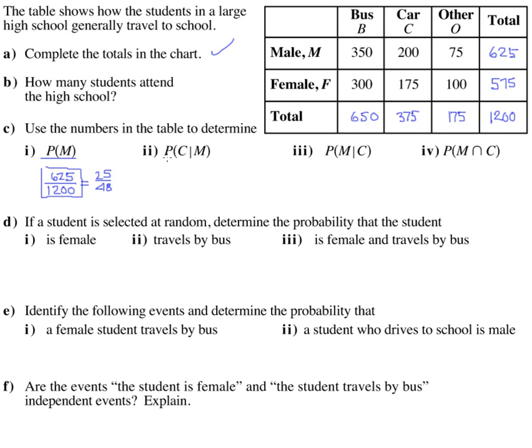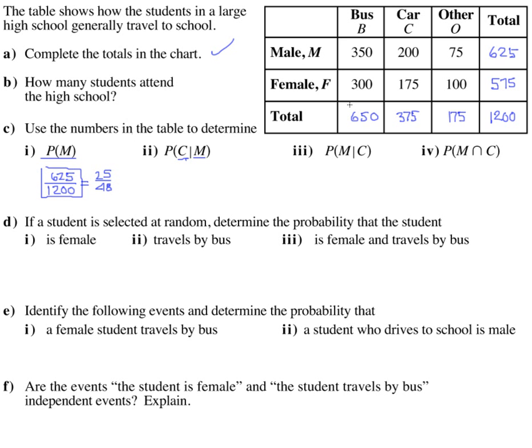Okay, probability. What does this mean? Probability that a student rides a car given that they're male. So in this case, we're looking at, ignore the female and total rows. We're just looking at males for now. What is the chance that just in this group we have a car rider?